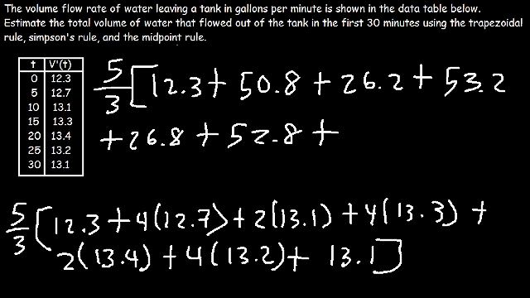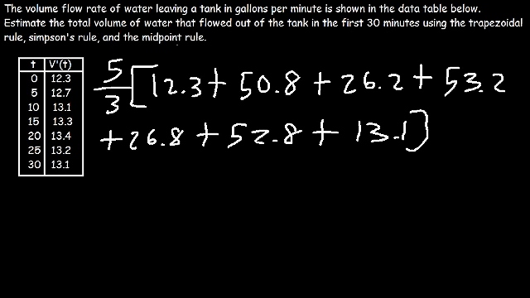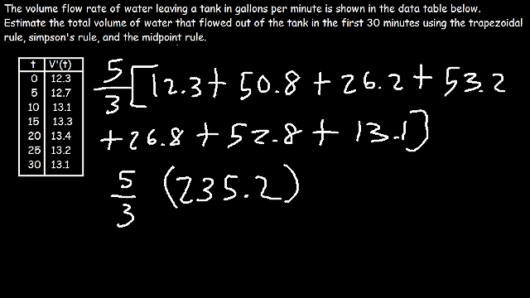And finally, plus 13.1. So let's add the terms inside the brackets. 12.3 plus 50.8 plus the other values is 235.2. Now let's multiply it by 5 and then divide it by 3. So this gives you the same answer, which is 392.